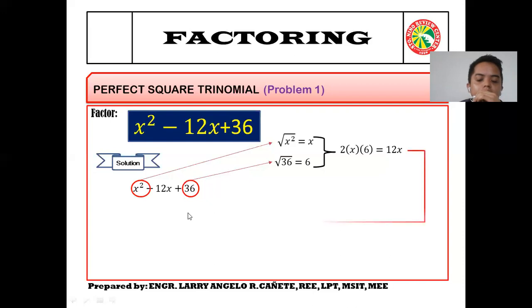So check. Yes, again, it qualifies to the requirement. Therefore, this is factorable.